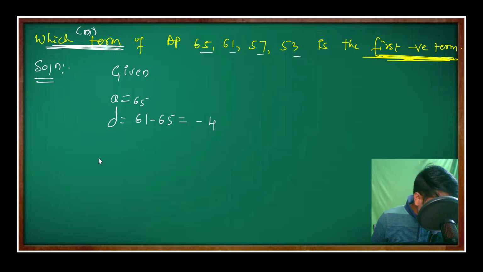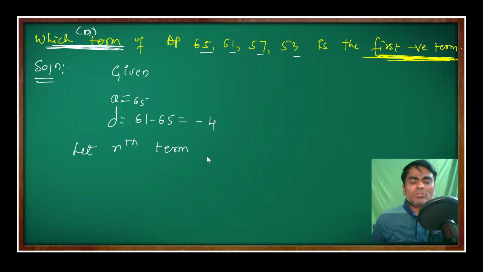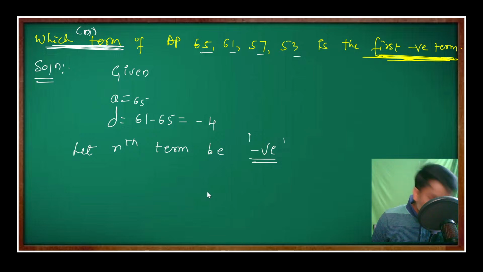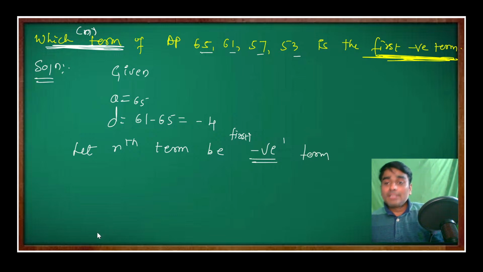That means you don't know the last term. So let the nth term be negative, that is, the last term is negative. Let the nth term be the first negative term. Now if it is negative, what will be the condition?